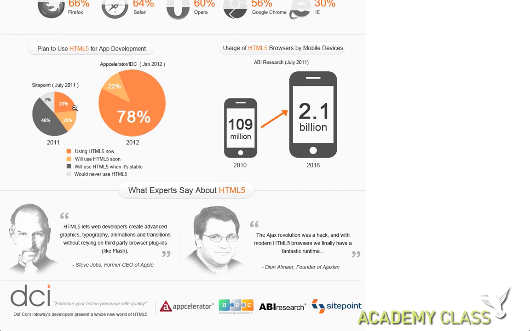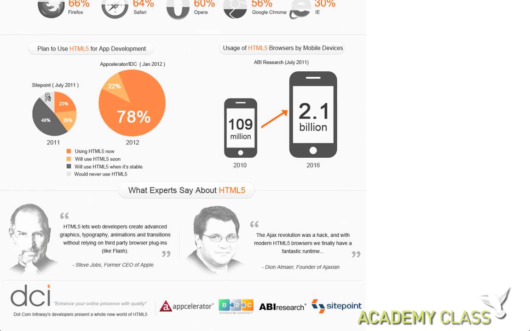This was last year. Today, this research was done only a few weeks ago, actually about 2 weeks ago. 78% of web developers that were interviewed are now using HTML5. 22% will be using HTML5 soon, and there aren't any that said they won't be using it. And as you can see, it's becoming the norm.